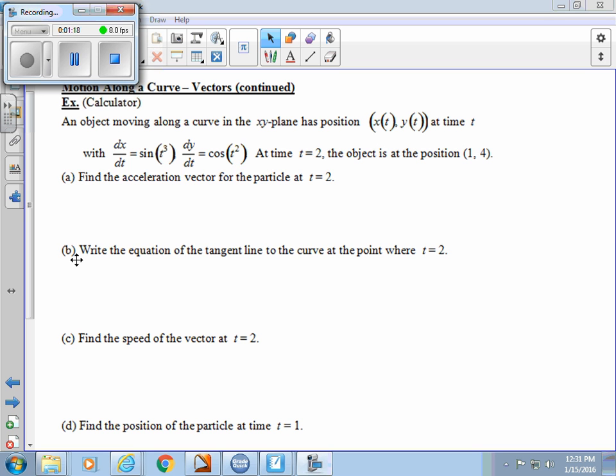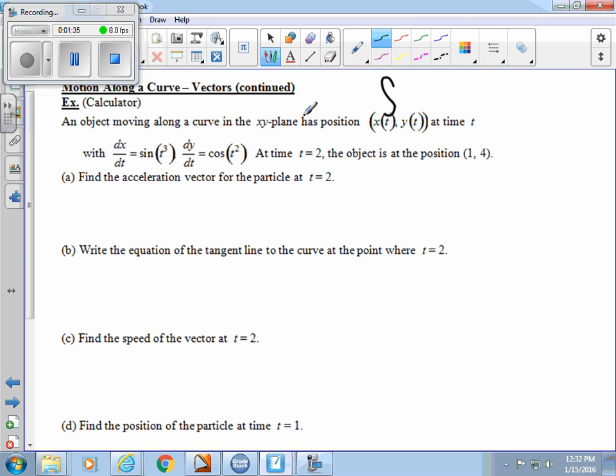that. So I need to figure out what definite integral I could set up to help me find the position at time 1, which brings me to an old equation. What old equation am I thinking of? Good.